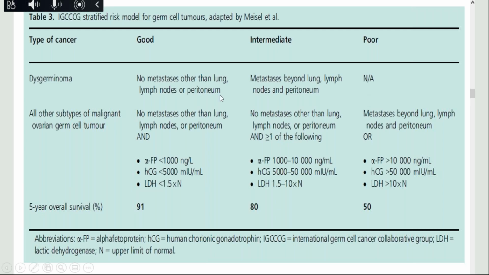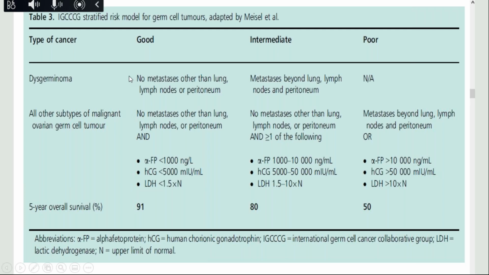Okay, this one is also given in this talk. It shows when we can call the dysgerminoma good, when it is intermediate, and when the outcome is poor. In this chart, you have to specifically remember the tumor markers, because sometimes a question comes in the SBA where they mention that the alpha fetoprotein finding was less than 1,000 and HCG is less than 5,000.